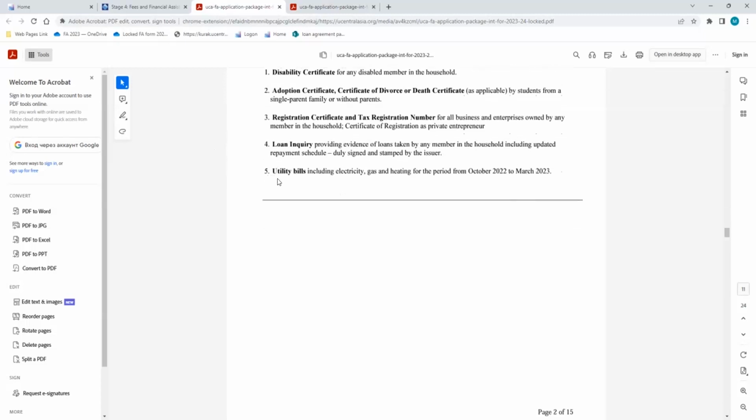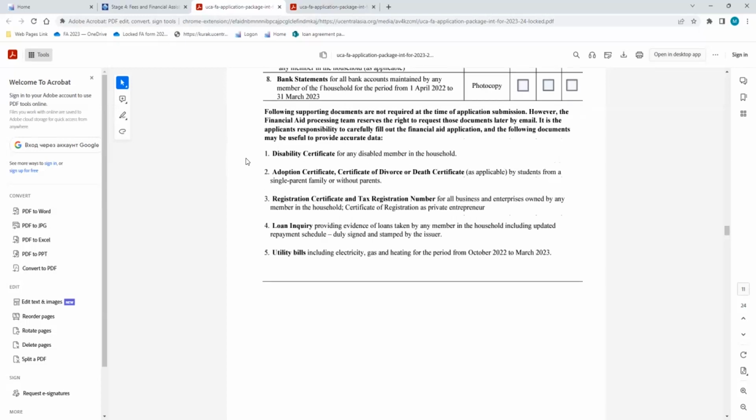The fifth is utility bills. If you remember, there were expenses like gas, electricity, heating, etc. This is not mandatory, but we may ask you to provide these kinds of bills.